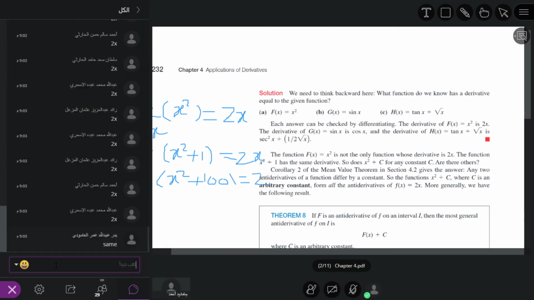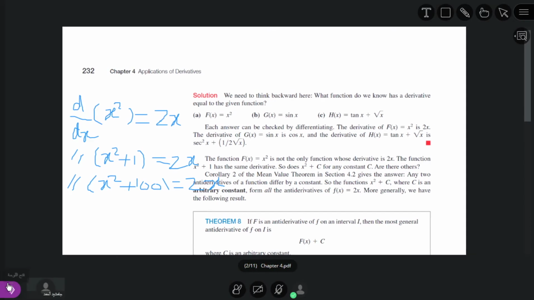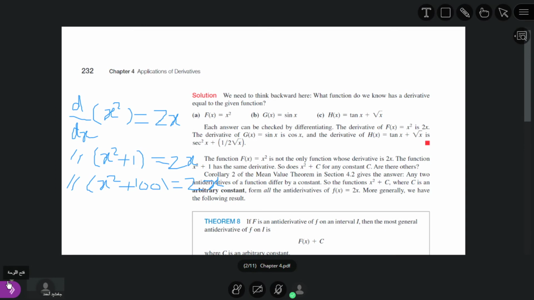So the derivative of x square is 2x, the derivative of x square plus 1 is 2x, and the derivative of x square plus 100 is 2x. Similarly, x square minus 100 will be the same.